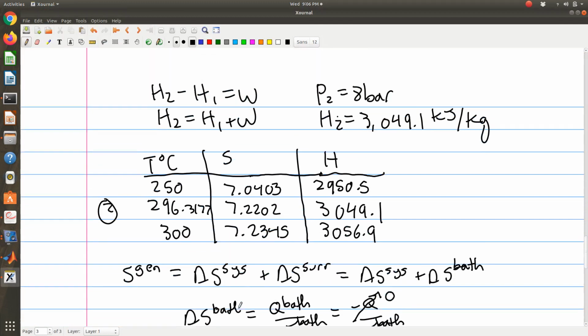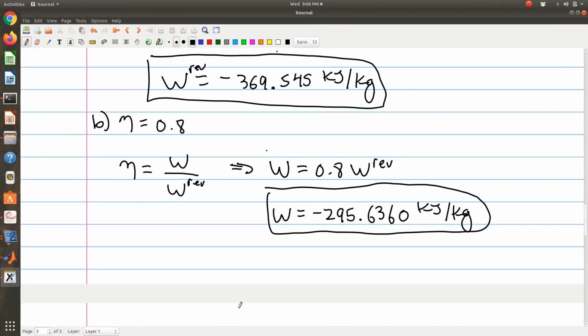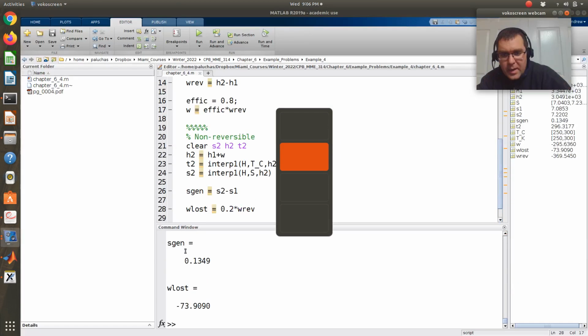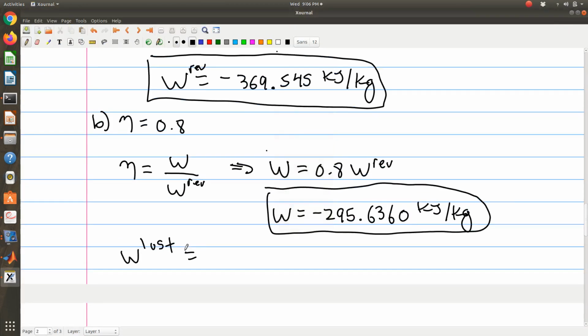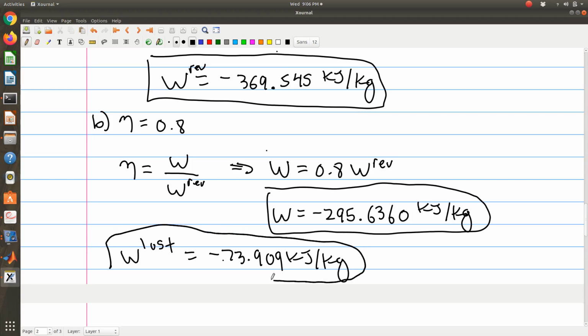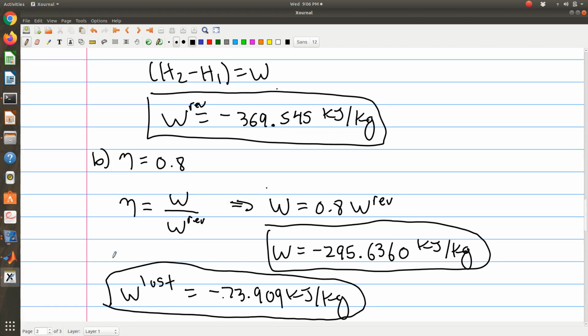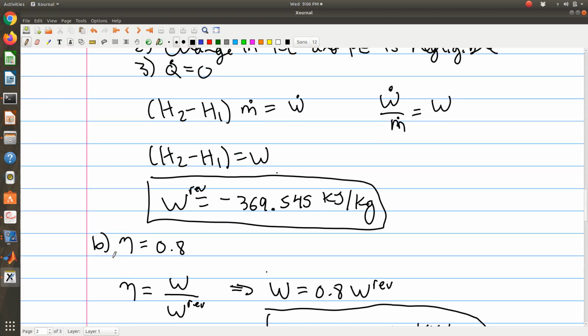So the lost work, W lost, should be equal to negative 73.909 kilojoules per kilogram. That's just the difference between the actual work output and the work that would be achieved via reversible operation.